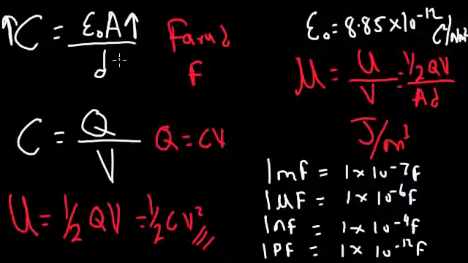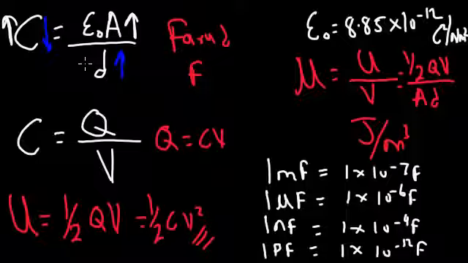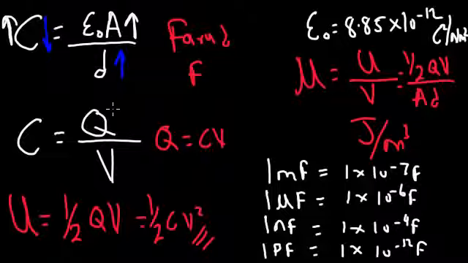However, if the distance between the two metal plates increases, then the capacitance will decrease. Please keep that in mind. As area goes up, capacitance goes up. As distance goes up, capacitance goes down.